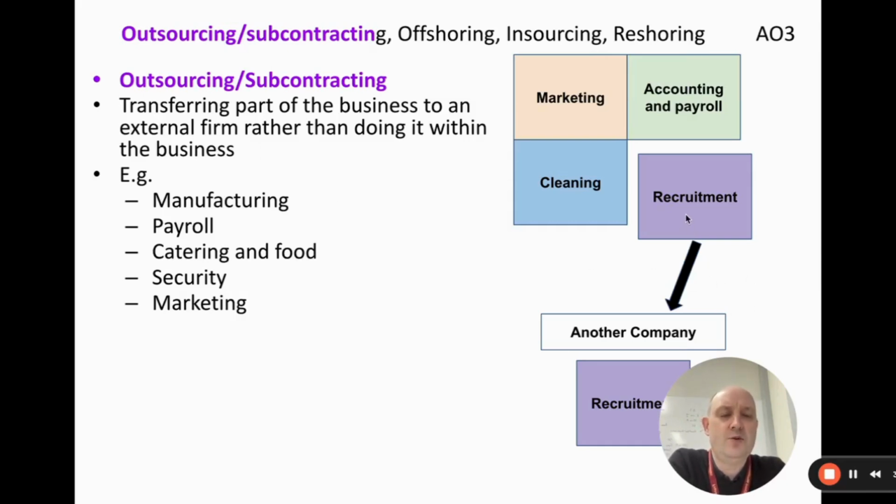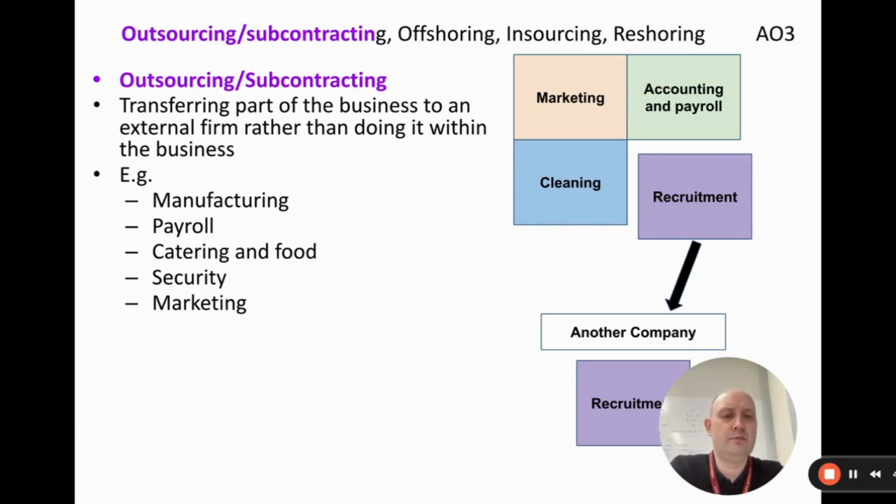In the example with the diagram, previously a business did recruitment themselves, so they hired people themselves. What they chose to do here is move recruitment to another business. They got a recruitment business to do the recruitment for them. This is a separate business, and the original business will pay this recruitment business in order to hire their staff.